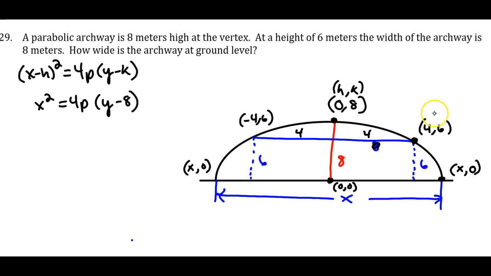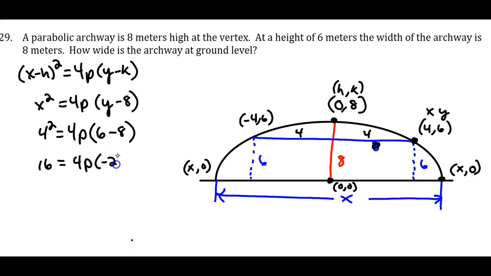And I can also pick any point on the parabola and call it (x, y). And so substituting that in, I get 4 squared equals 4 times p times (6 minus 8). This gives me 16 equals 4 times p times negative 2. And I get negative 8 times p equals 16, where p is equal to negative 2. So that's just substituting in what I know.